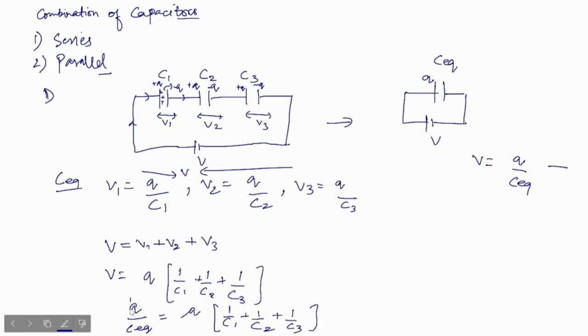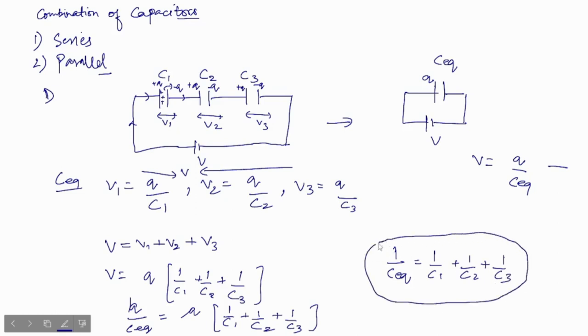Q gets cancelled out, and you get 1 upon C equivalent equal to 1 by C1 plus 1 by C2 plus 1 by C3. This is the equivalent capacitance of a series of capacitors.